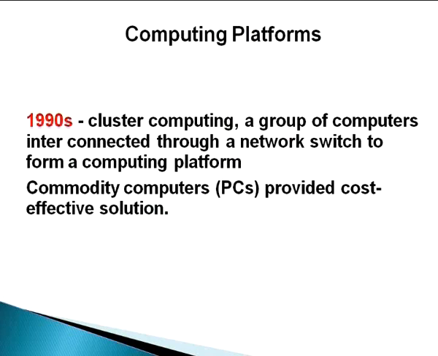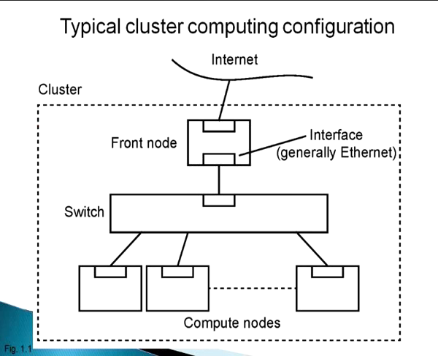So, in the 90s, cluster computing: a group of computers interconnected through a network switch to form a computing platform. Commodity computers provided cost-effective solutions. Here you can see a typical cluster computing configuration.